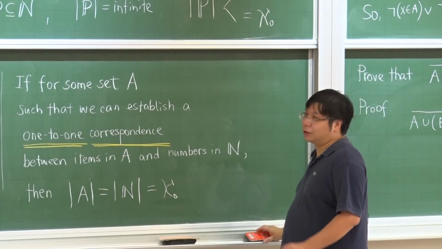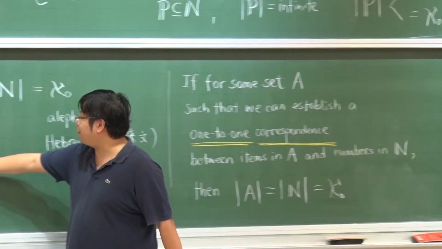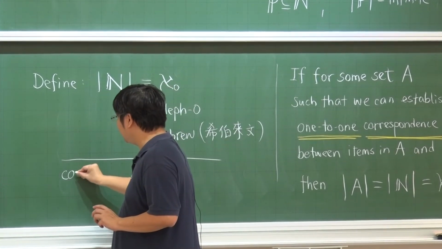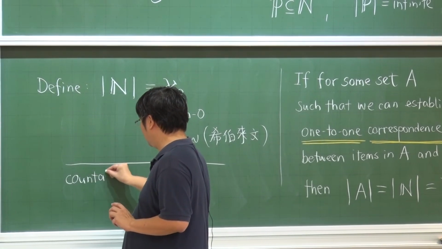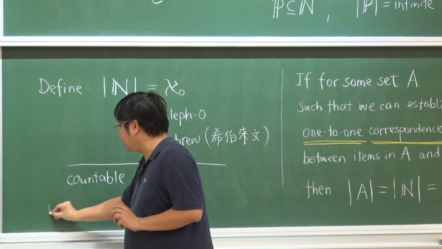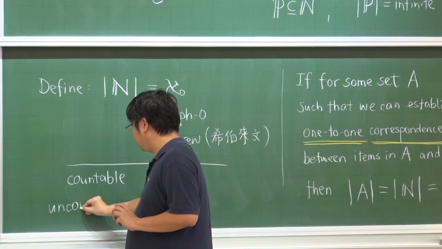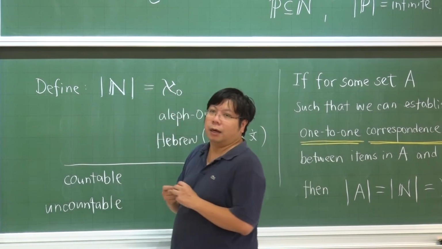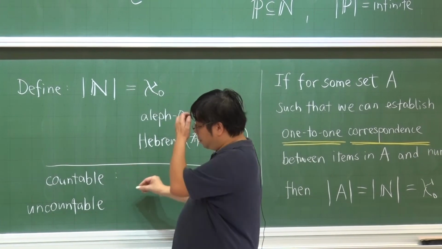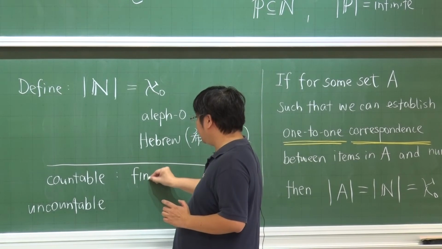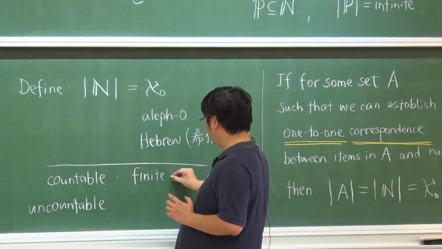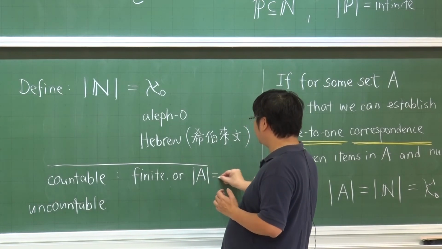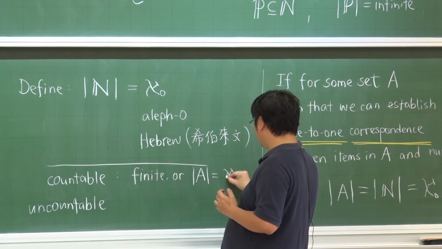So we have another classification. Sets can be countable or uncountable. If a set is countable, either it is finite or the size of that set is equal to ℵ0.